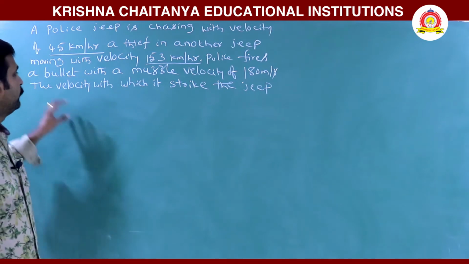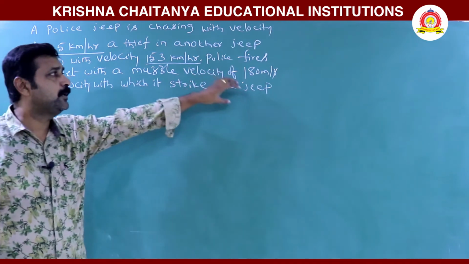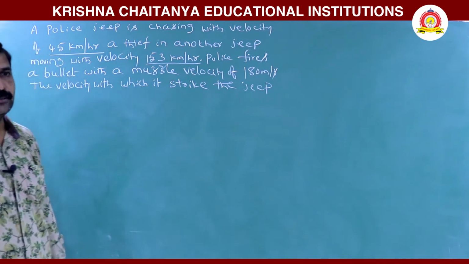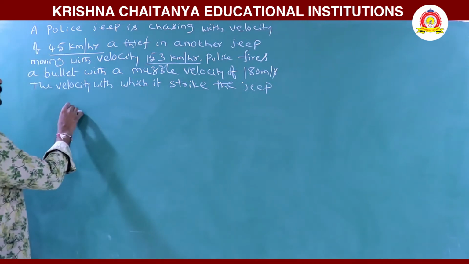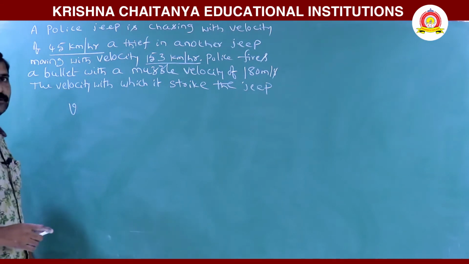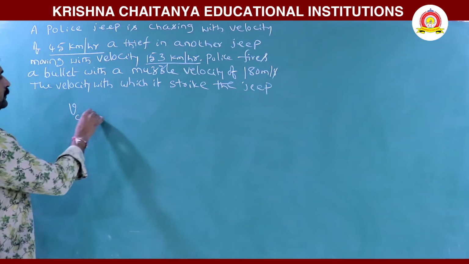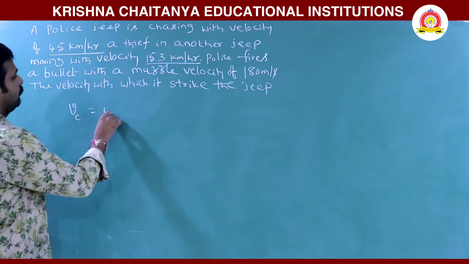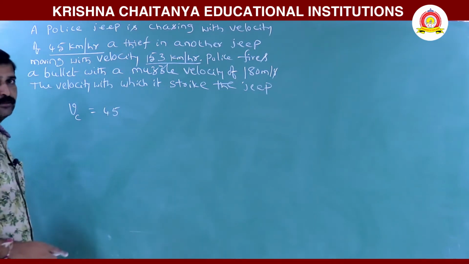Then with what velocity does that bullet strike the thief's jeep? Okay, so here the velocity of the cop is 45 km per hour.